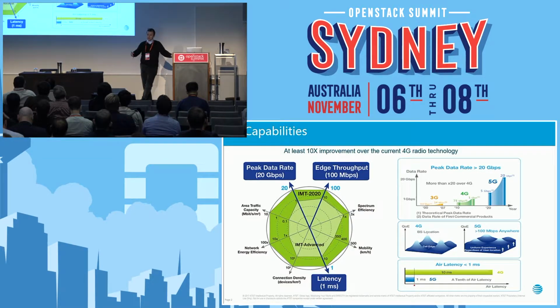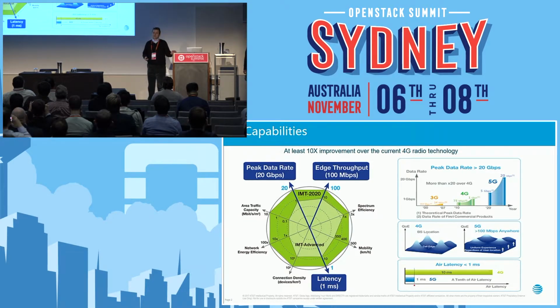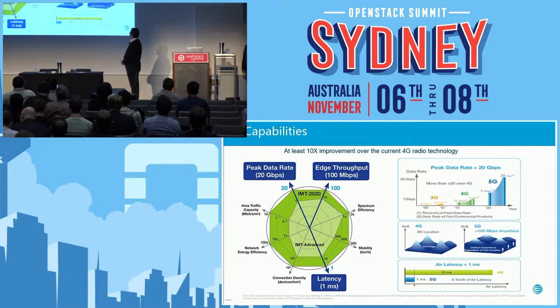So if you look at the 3G, 4G, 5G evolution, there are lots of commonalities. You can see there is a certain peak data rate, throughput, edge throughput, latency, etc. If you look at this left-hand side diagram, probably all of you are very familiar with this.